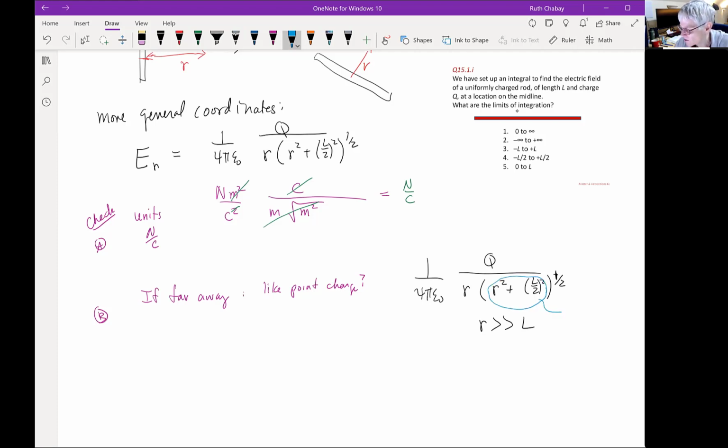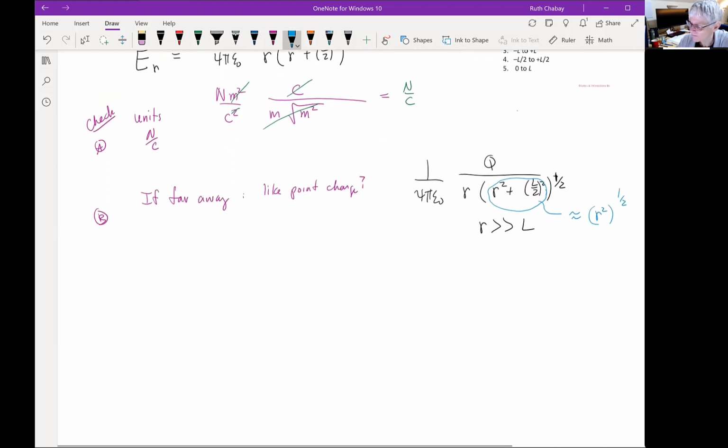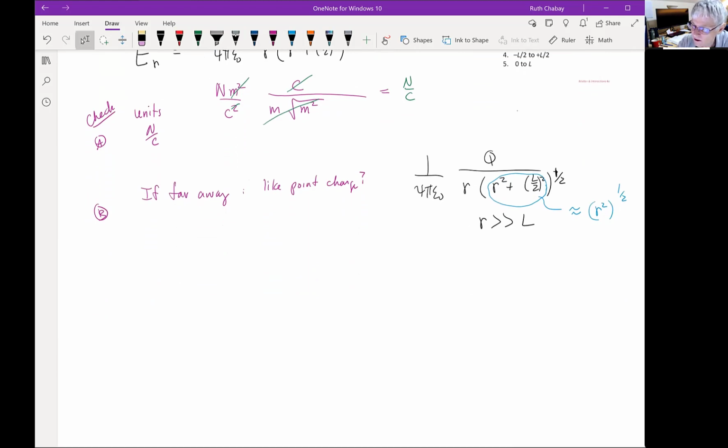If r is much, much bigger than L, then this quantity is approximately equal to r squared to the 1/2. And so what we end up with is 1 over 4 pi epsilon 0, q over r times the square root of r squared, which indeed is 1 over 4 pi epsilon 0, q over r squared. Looks like a point charge.